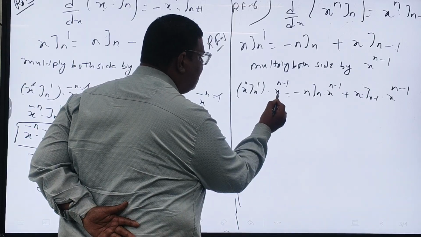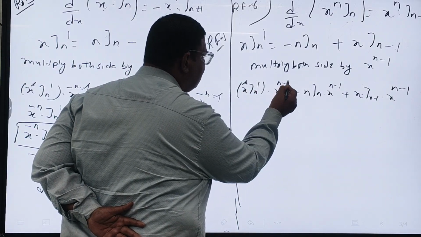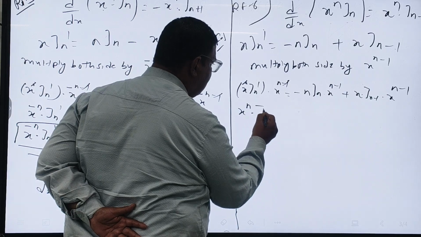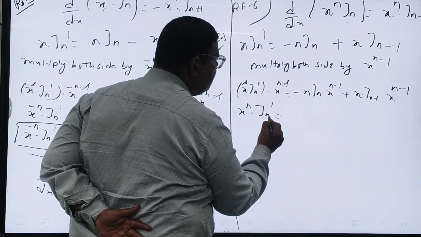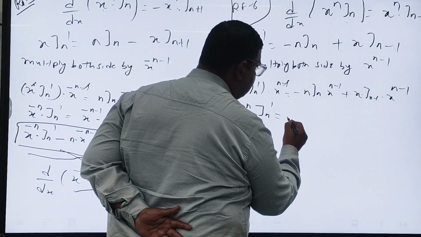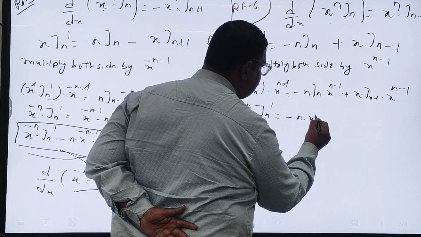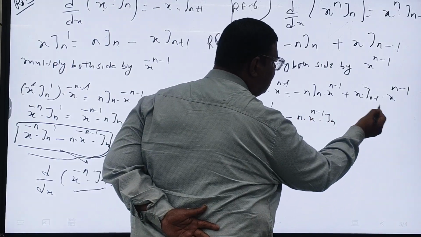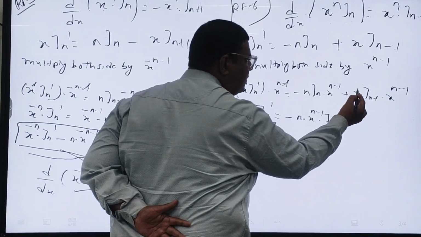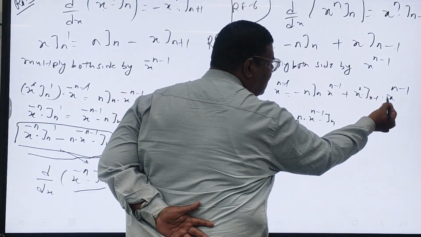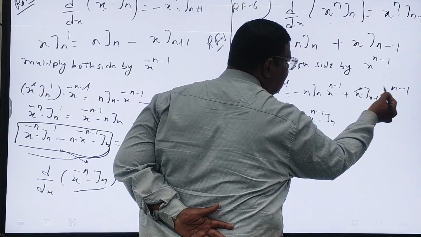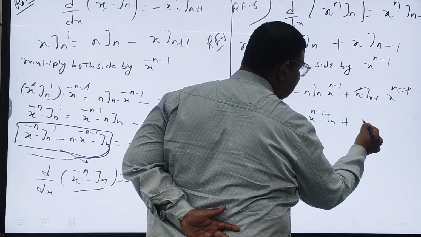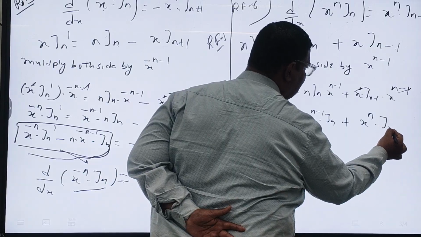Here x raised to 1, here x raised to n minus 1, then 1 and minus 1 will be cancelled. Here you will get x raised to n dot Jn dash equal to minus n dot x raised to n minus 1 dot Jn. Here again, in the right hand side second term, x raised to power 1, x raised to n minus 1, so 1 and minus 1 will be cancelled, plus x raised to n dot Jn minus 1.